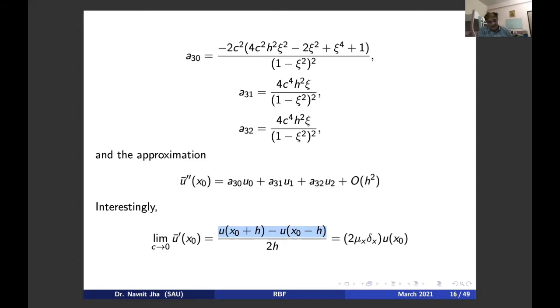I assume all of you are familiar with this formula. This is simply 2 mu delta x u at x naught, where mu is the averaging operator and delta is the first central difference operator. So in the limiting case, when c goes to 0, our approximation reduces to twice the product of the averaging operator and the first central difference operator, that is mu and delta.